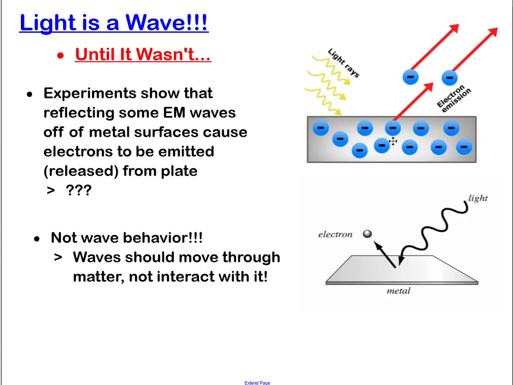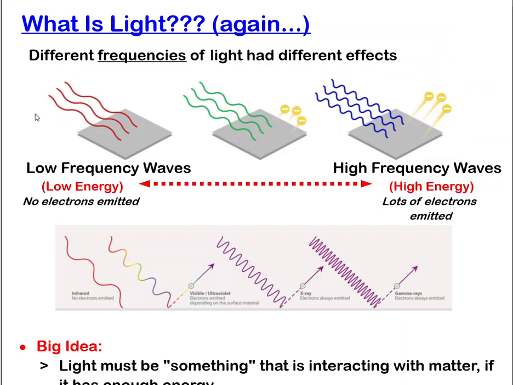And yet that's not what we're seeing here. If I shine a wave at it, it's interacting with electrons, and literally electrons are bouncing off. And so that called everything we knew into question. That should absolutely not be what's happening if light is a wave. And yet we have all this research that shows that light is a wave.